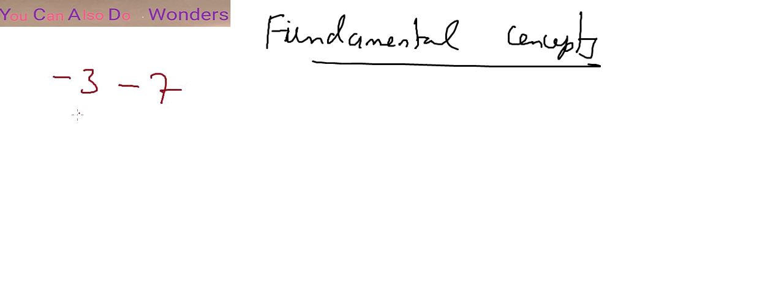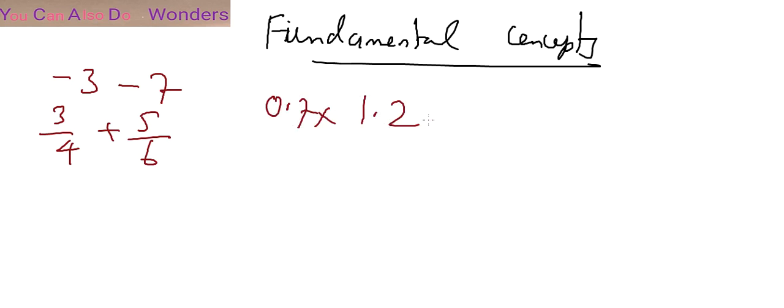Or how to add two fractions, 3/4 plus 5/6, or how to multiply two decimal numbers, 0.7 into 1.2, or divide fractions, 3/4 divided by 5/6.